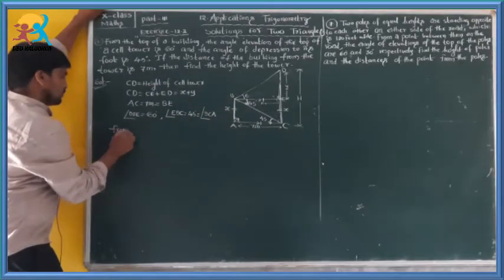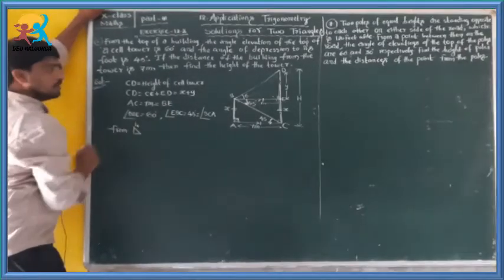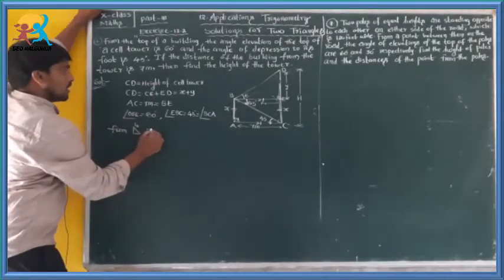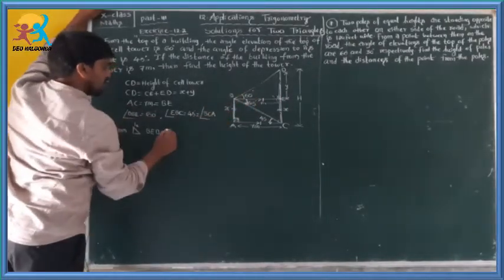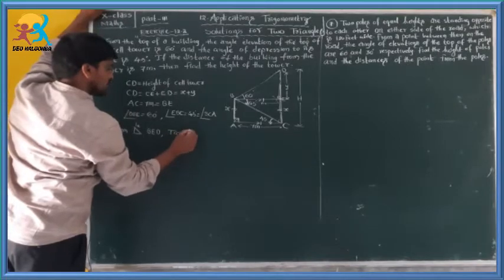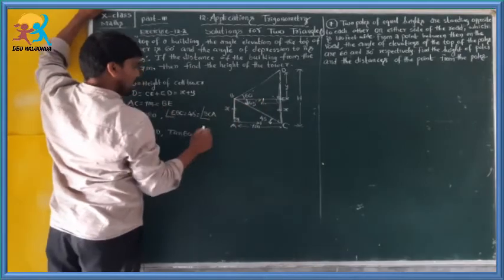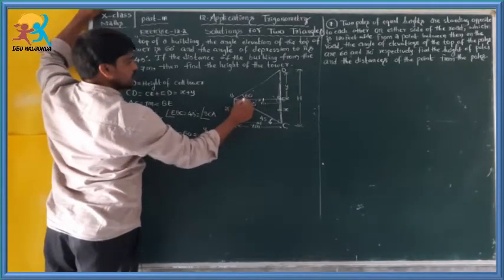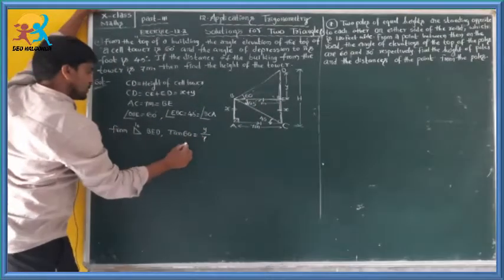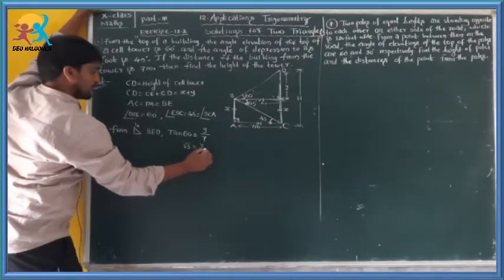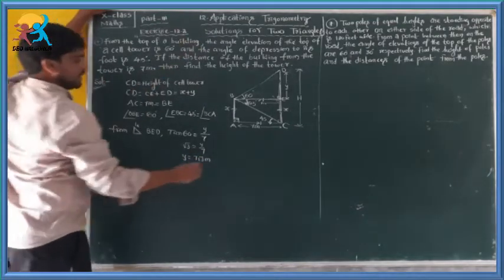From right triangle BED, this angle of elevation is 60 degrees, consider tan 60 degrees, tan 60 equals opposite to 60 degrees, y, by adjacent to 60 degrees, B, that is 7 meters. Tan 60 is root 3 equals y by 7, thus y equals 7 root 3 meters. Let it be equation 1.